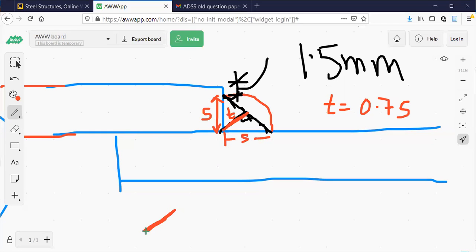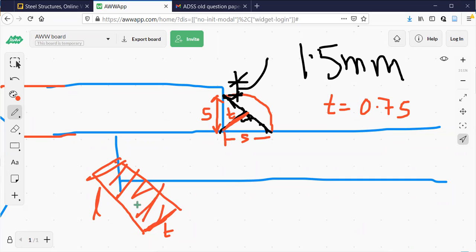This is the dimension T, that is throat thickness. And you try to imagine the perpendicular direction of this. It goes like this. Are you getting this point? This is L or LE. So this is the plane which resists the external force.